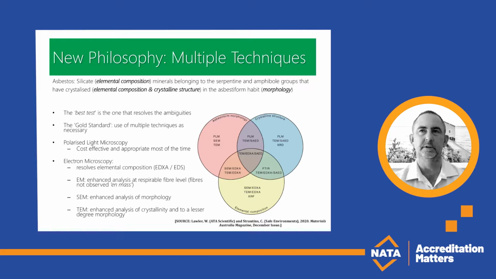This is where electron microscopy offers its advantages such as elemental composition analysis using energy dispersive X-ray spectroscopy and high magnification resolution of fibril structures that resolve the issues of morphology and crystallinity.